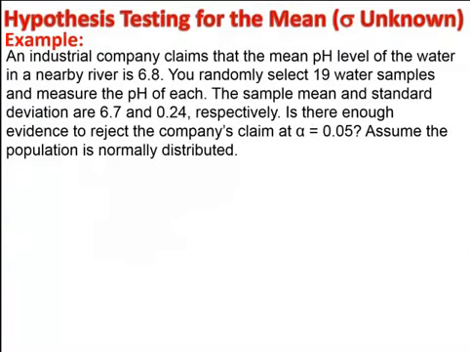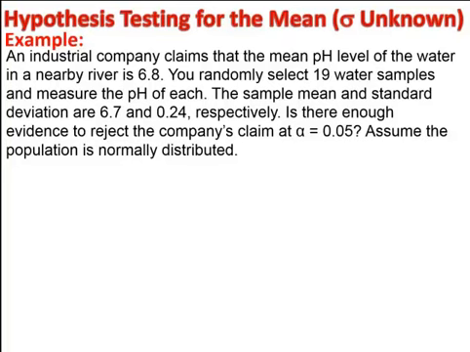So in this next example, we have an industrial company that claims that the mean pH level of the water in a nearby river is 6.8. You randomly select 19 water samples and measure the pH of each.